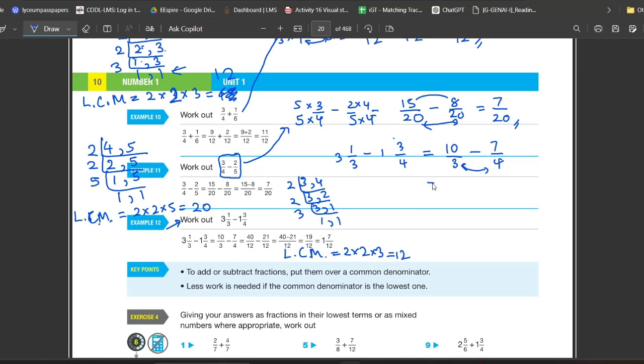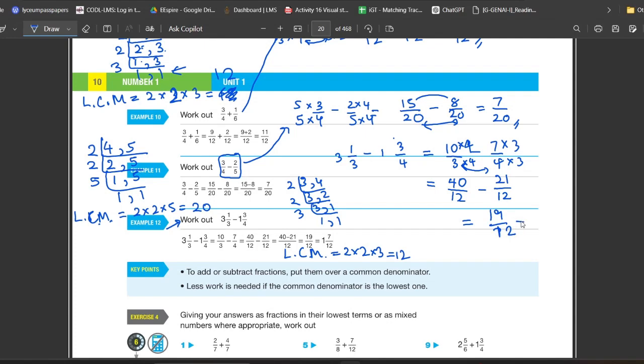So we have to make this 12. We multiply by 4, multiply by 3. So then 12 over 40 minus 12 over 21. So we get the answer as 19 over 12.